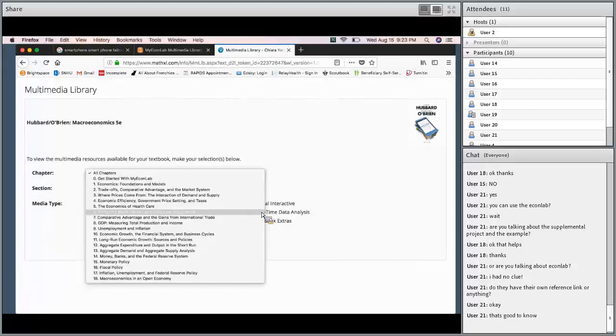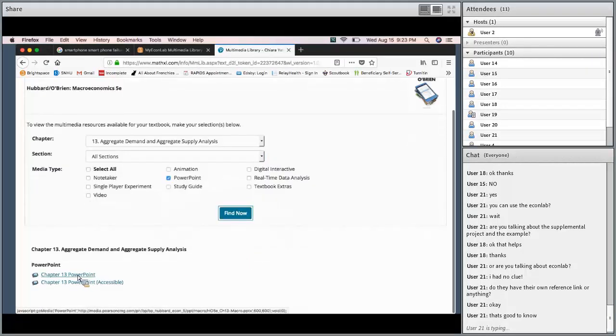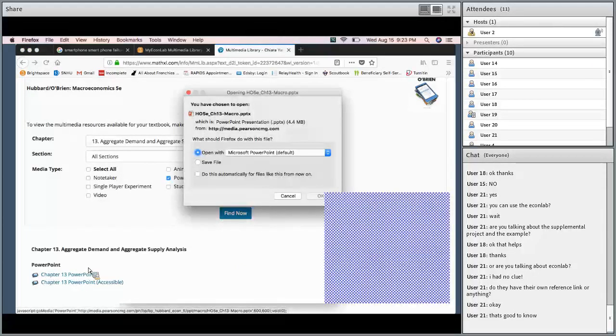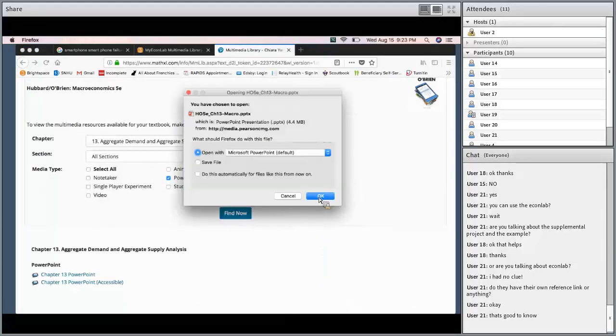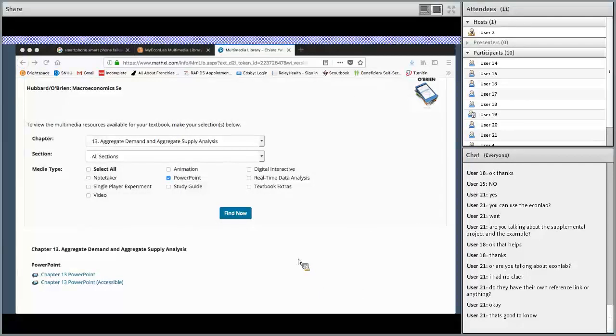So you can click on the chapter you want. For example, aggregate expenditure, aggregate demand, aggregate supply analysis. And then you have all these boxes. You click on PowerPoint and you do Find Now. And you can go on the Chapter 13 PowerPoint, which opens up here.